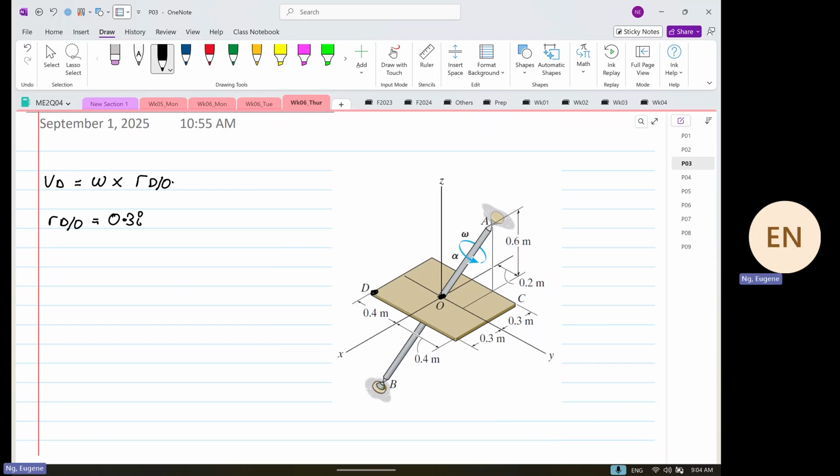in Cartesian format, okay? And then minus 0.4j. Okay.